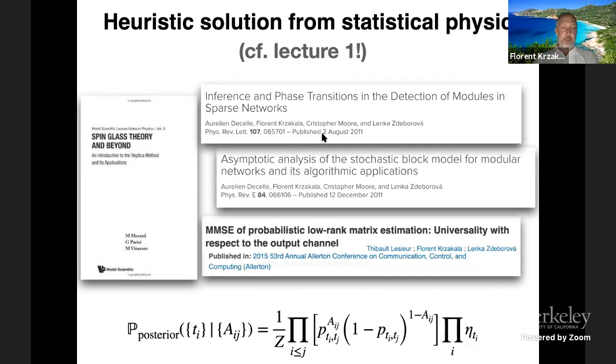This is a problem we looked at a lot with Aurélien Decelle, Chris Moore, and Lenka a few years ago, and later with Thibault Lesieur. In this series of papers, we tried to work out the solution to the question I just asked you.